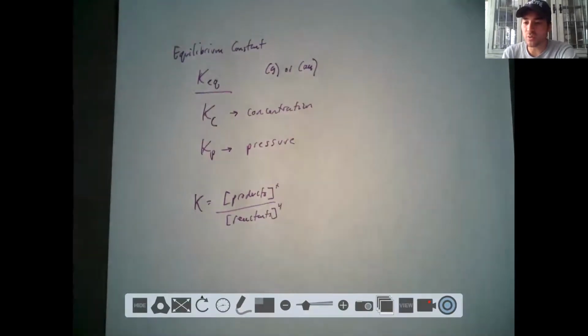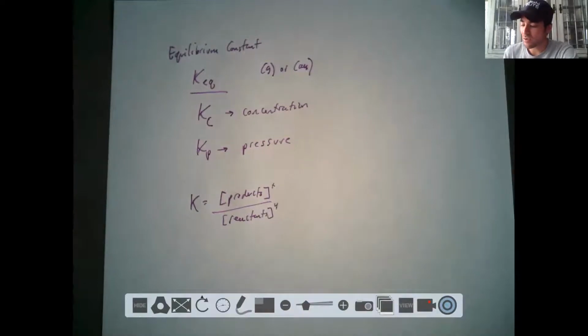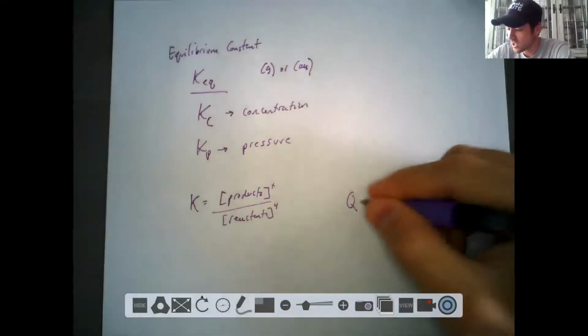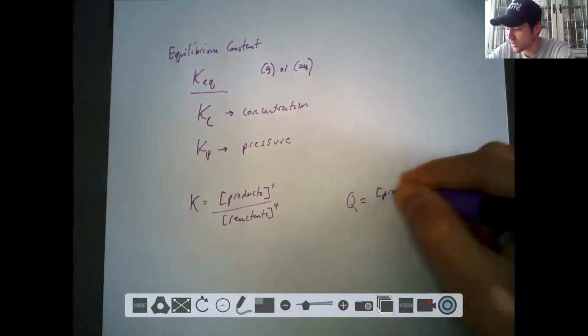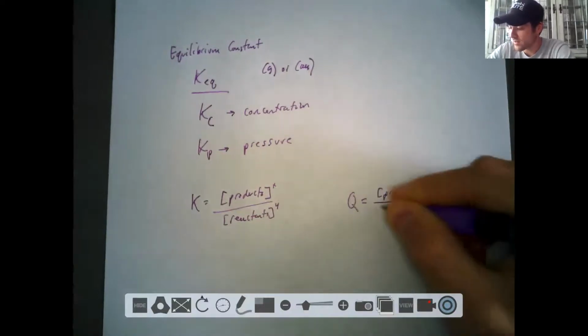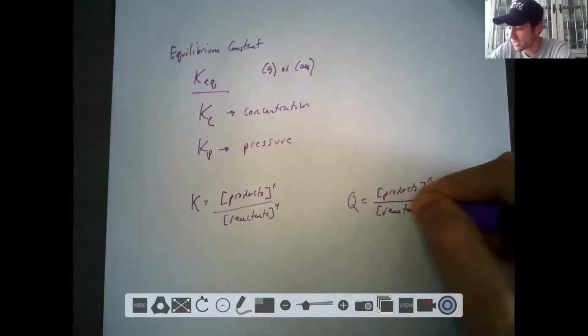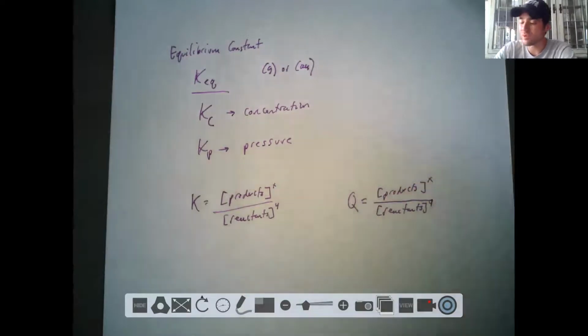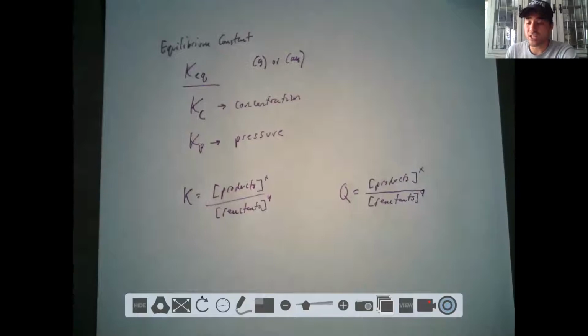So Q, the reaction quotient, would be the same thing. Q is the concentration of your products raised to a power divided by the concentration of your reactants raised to a power. So the expression is exactly the same.